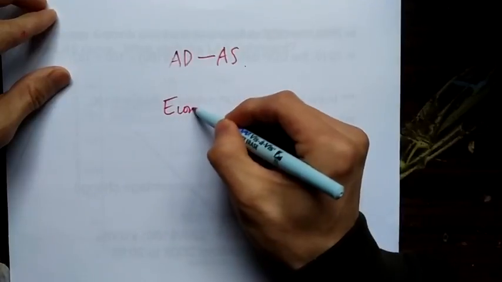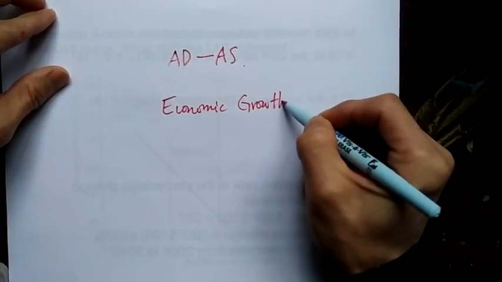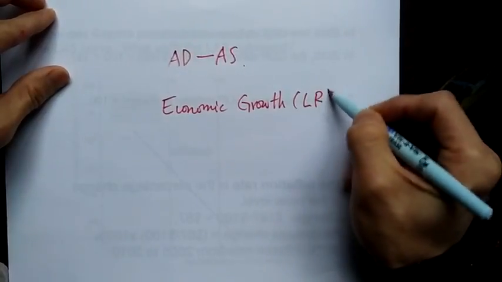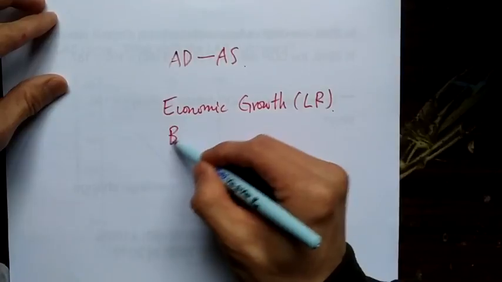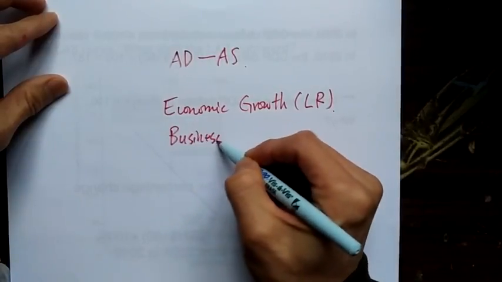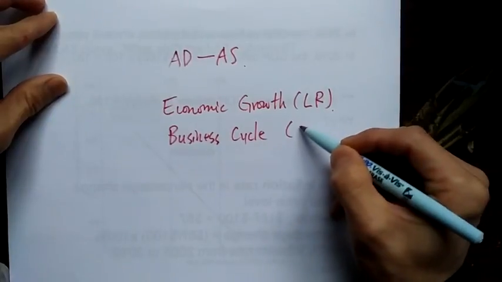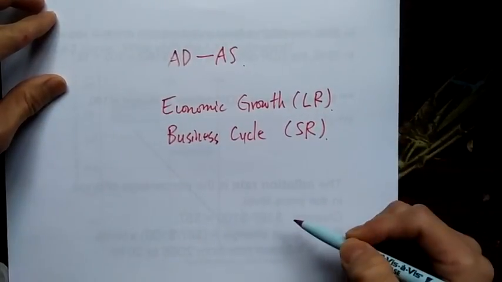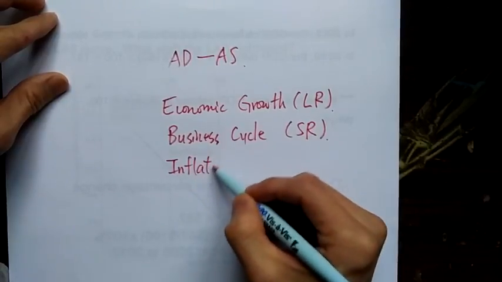The first one is economic growth, economic long-run growth. We can also learn the business cycle, the short-run fluctuation. And we can also learn inflation rates. Inflation.